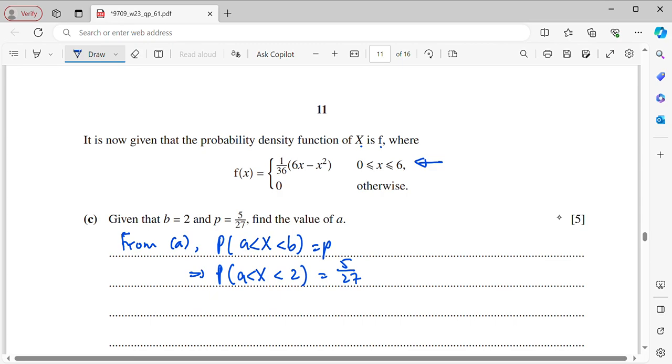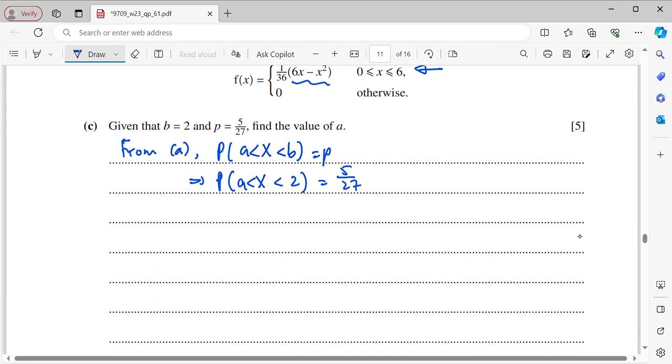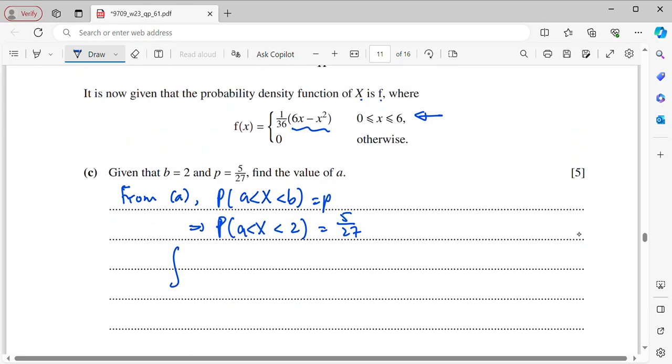So now we have to use integration to get the probability. So now integrate 1 over 36. Since this is a constant, you can just factorize the constant. Then integrate the rest, 6x minus x squared dx. This is the probability, from a to 2, and it is 5 over 27.